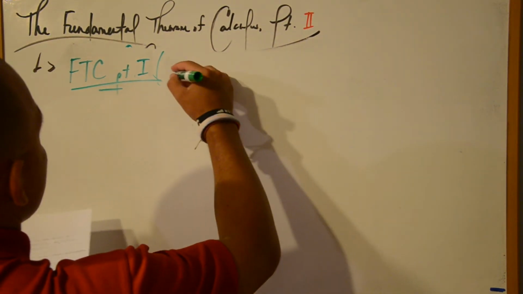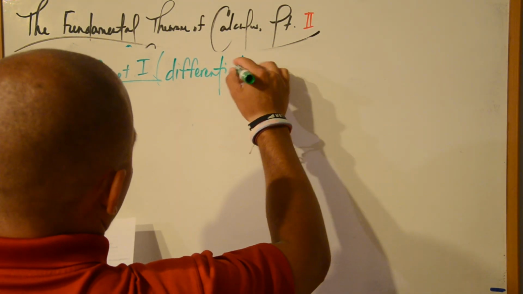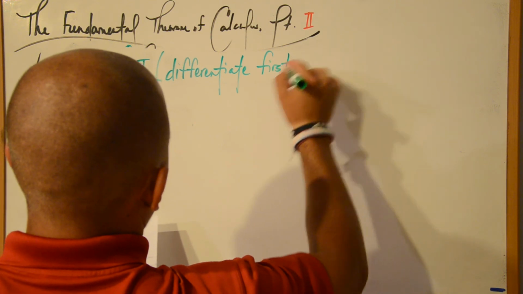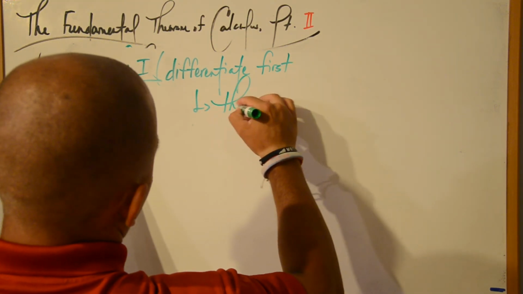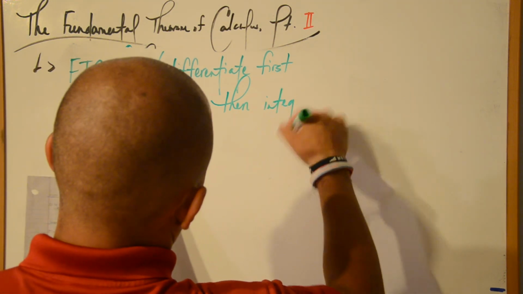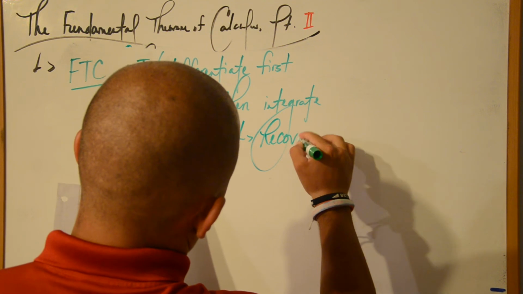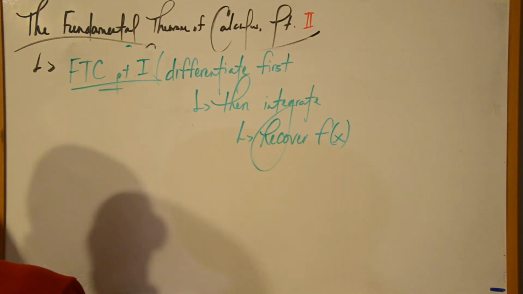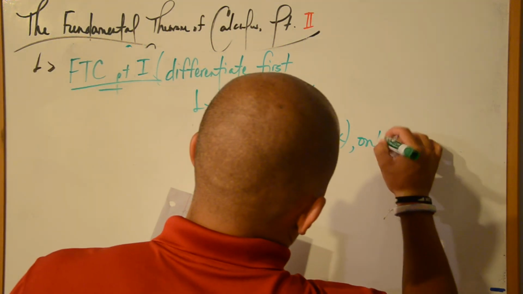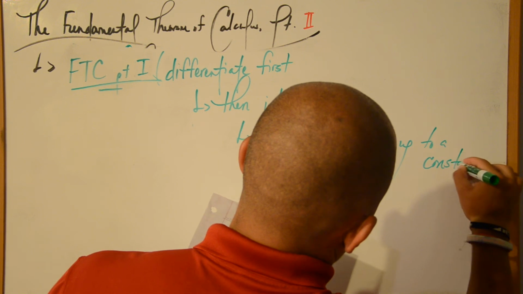With part 1, we want to differentiate first, then integrate, which allows us to recover the original function only up to a constant, though, right?